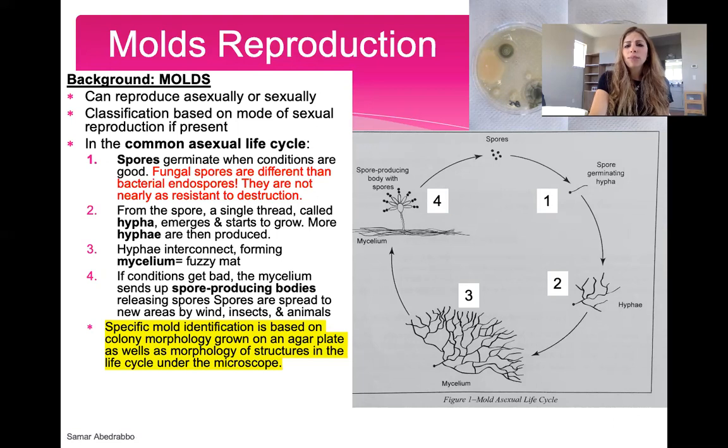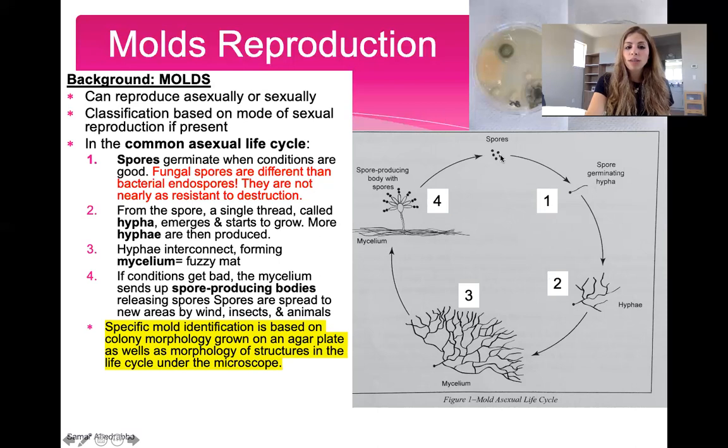I want everyone to keep in mind that fungal spores are very different from bacterial spores. Bacterial spores are resistant to destruction, resistant to so many things. Fungal spores are not nearly as resistant as bacterial spores. So when conditions are favorable, you have nutrients, you have oxygen, they germinate.